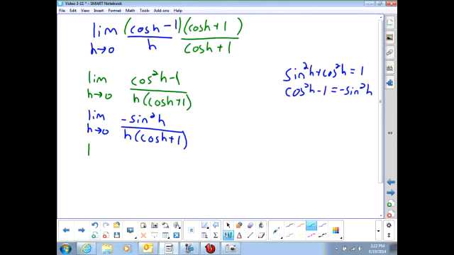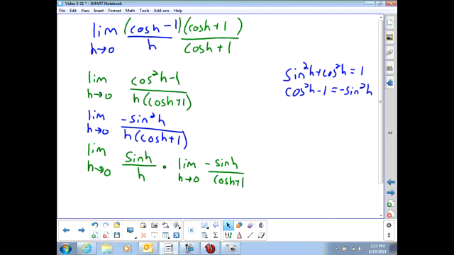And we're going to split this up to make it easier to evaluate. We'll write it as the limit as h approaches 0 of sine h over h times the limit as h approaches 0 of negative sine h over cos h plus 1.